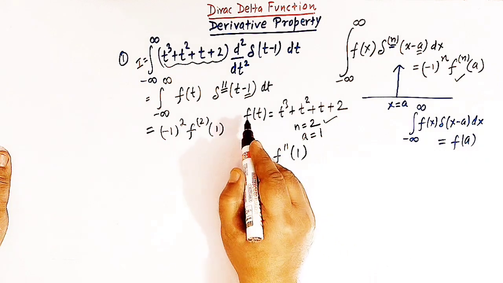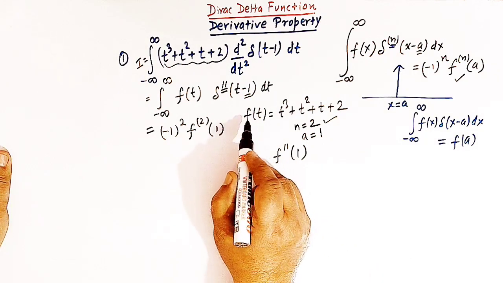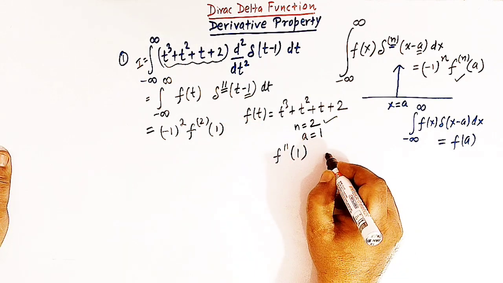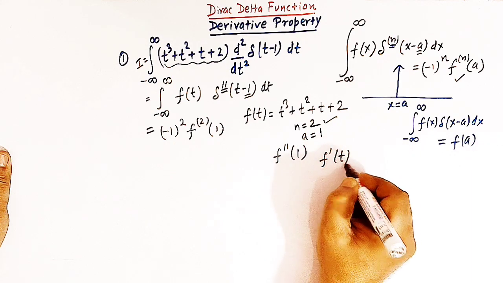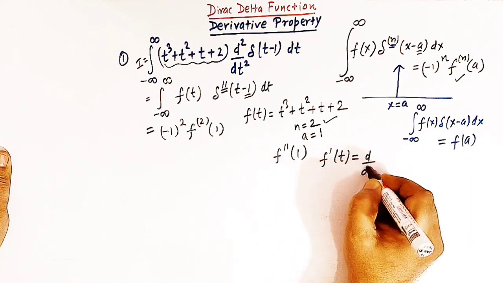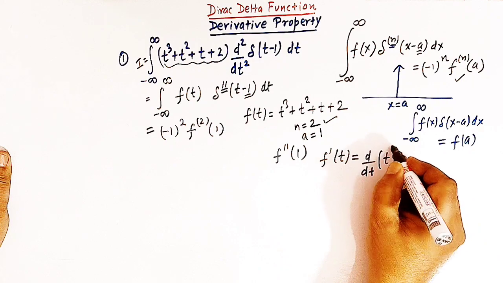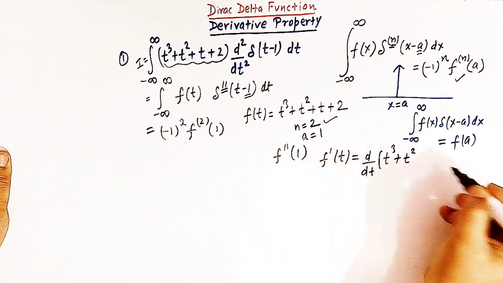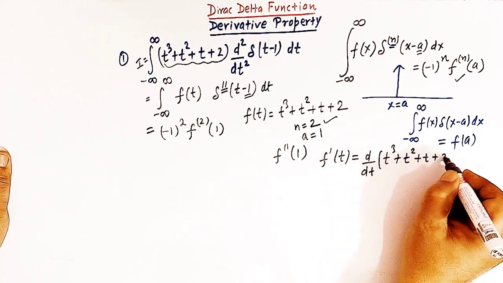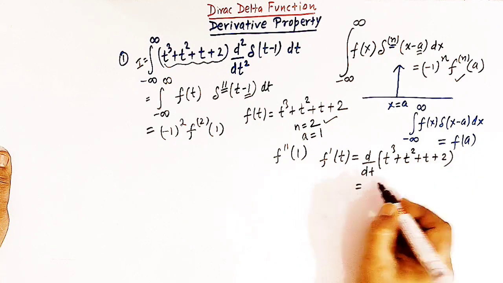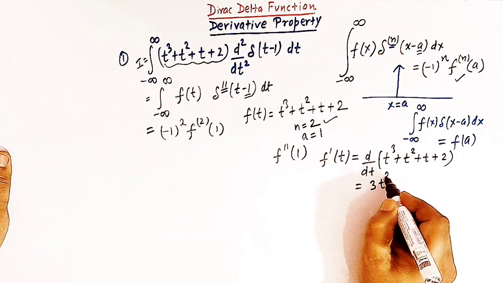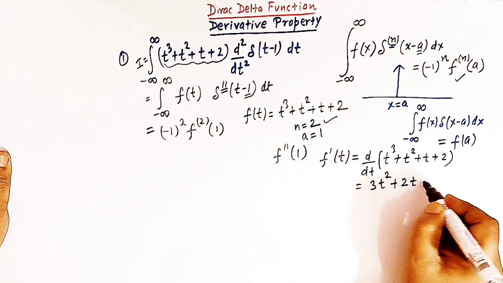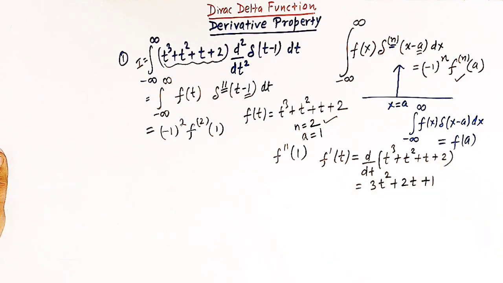So we have to find the second derivative of f of t. So we have f prime of t is given by d by dt of t cube plus t square plus t plus 2, right? So this is 3t square plus 2t plus 1. The derivative of 2 is 0.